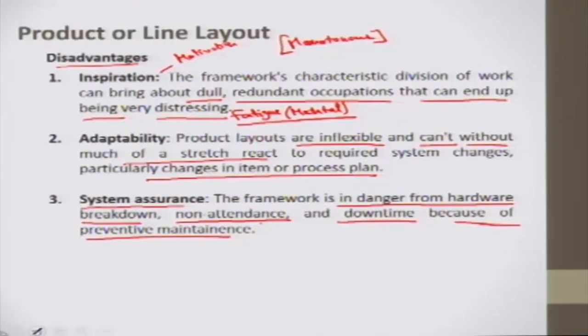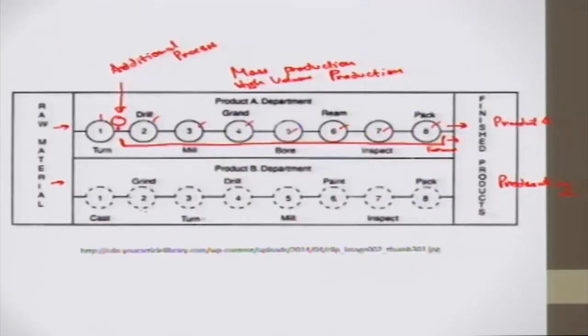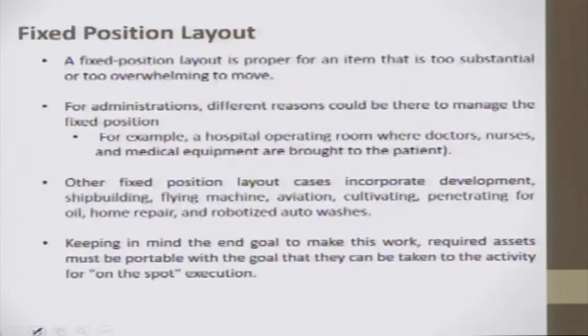Because this is a kind of a series connection, if one equipment fails, it implies work is halted, the whole process is halted. To make sure that the need of corrective maintenance or breakdown maintenance is not there, preventive maintenance is carried out, but that also consumes time. For preventive maintenance, this machine has to spare some time for maintenance as well, and during that time operation wouldn't be carried out.